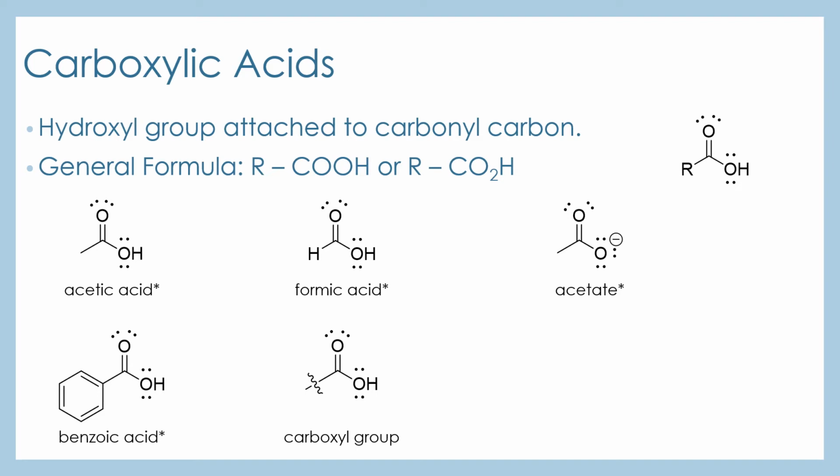So the conjugate bases of carboxylic acids are called carboxylates, and their names match that. So acetic acid, when it's deprotonated, is acetate. And the substituent of a carboxylate group is just called a carboxylate group.